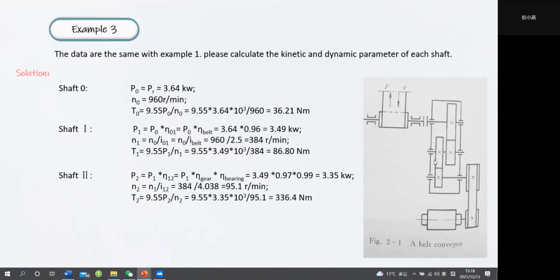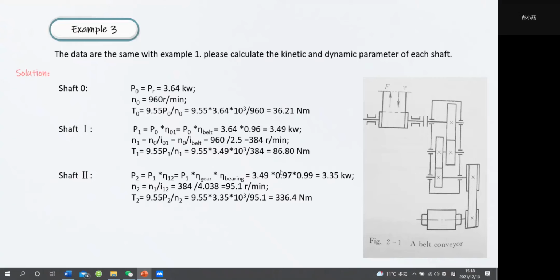power. And for the input power for shaft 2, we should consider the efficiency of gear and bearing. So P2 is P1 times the efficiency of gear and times the efficiency of bearing.